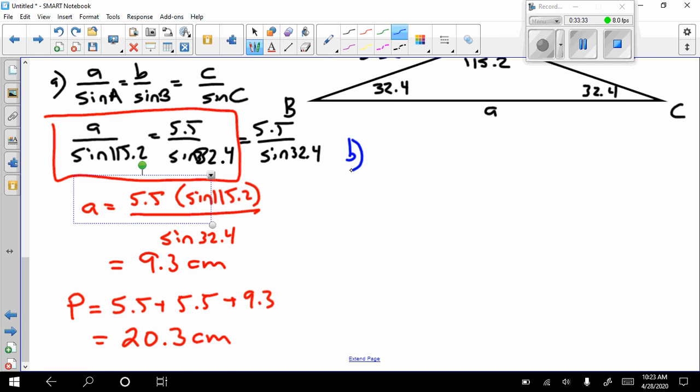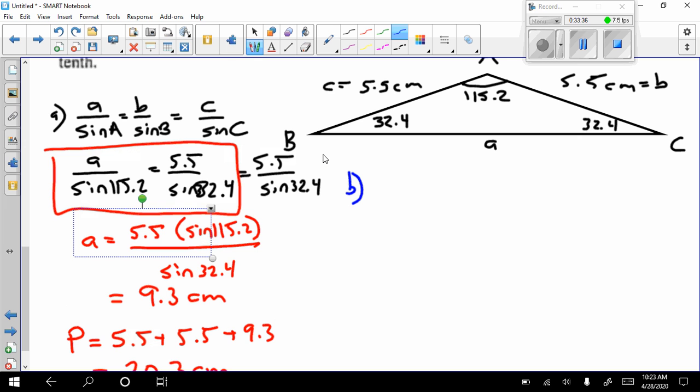Okay. And then for B, I've got to do the area. Well, again, this is very similar to the last question, in that I don't know the height of the triangle. I know the base, I know a now is 9.3, but I don't know the height of the triangle. And so as soon as I get the height, I can go area is base times height divided by 2. So I've got the base, I need the height.